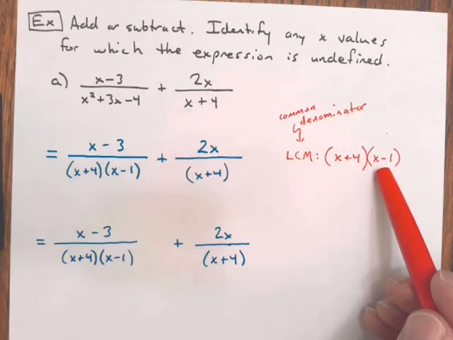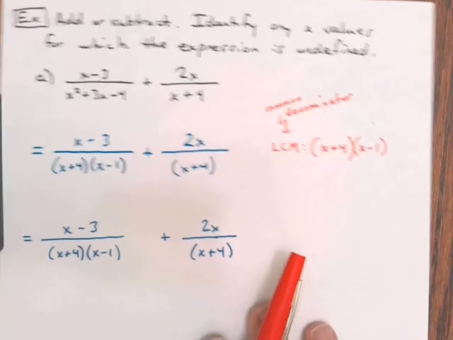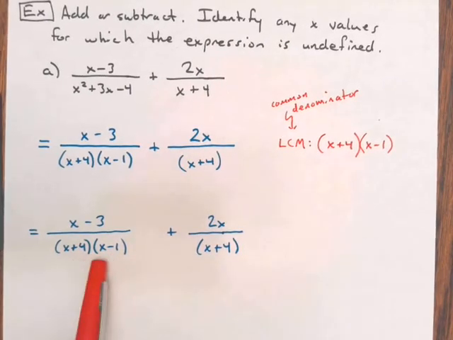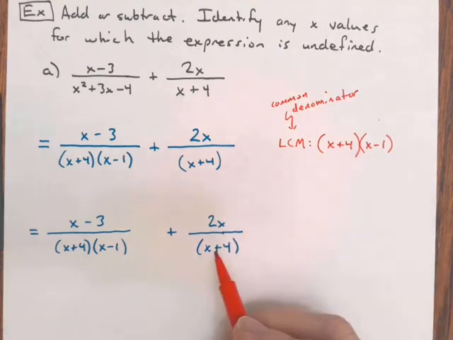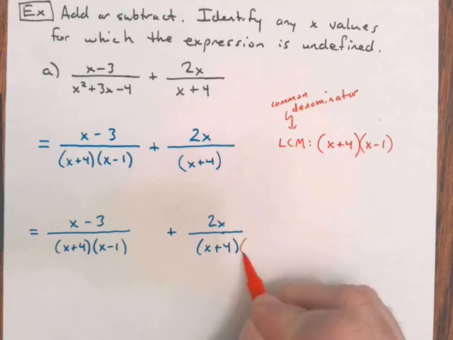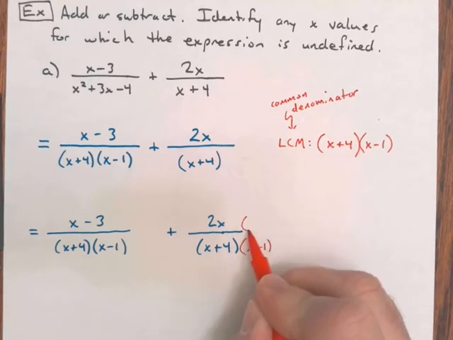Here's the least common multiple. That's what I want in the bottom of both of these fractions. I do have that in the bottom of the first one, so I actually don't need to change this one at all. But the second fraction, I have the x plus 4 that I need, but I am missing an x minus 1.